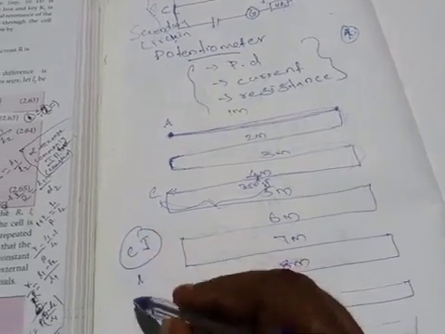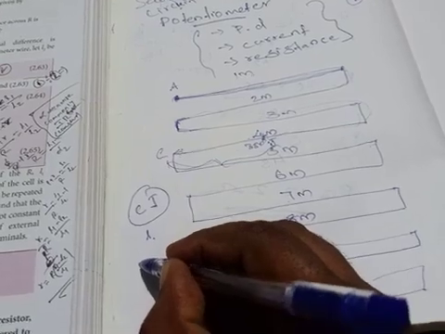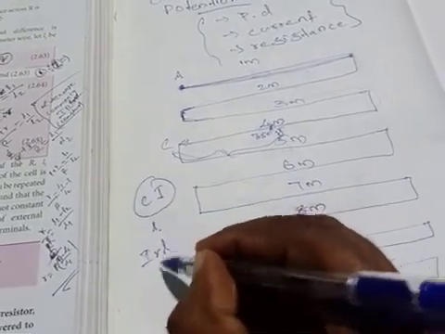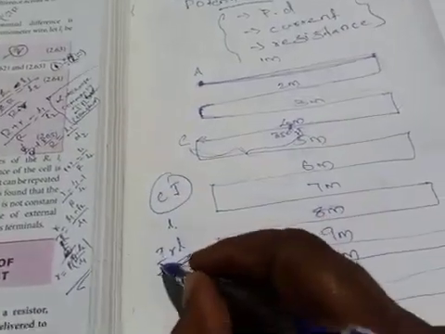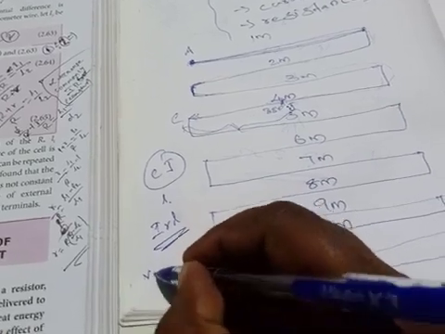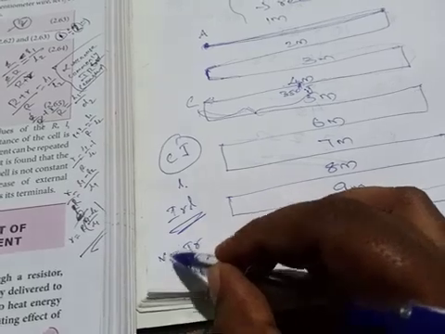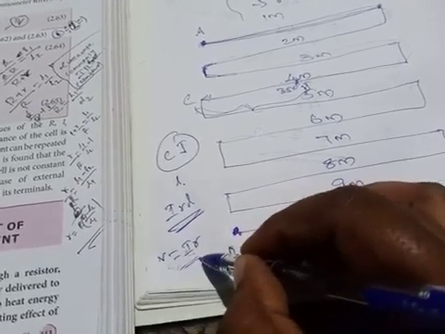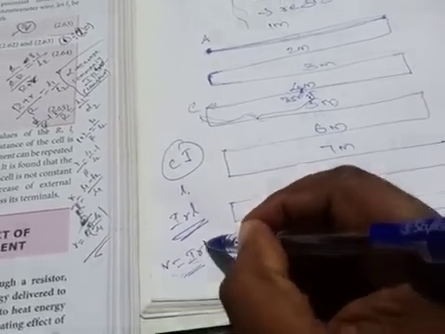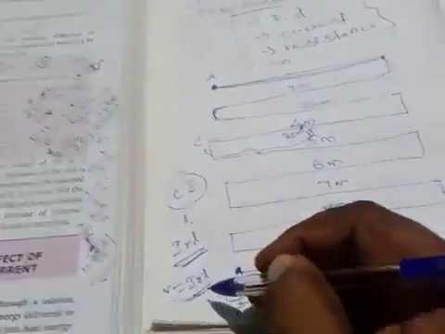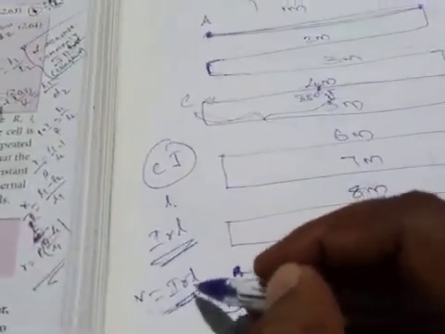So now the potential difference across this wire is IR into L. We know the potential difference formula, V is equal to IR, and the balancing length into its resistance per unit length.